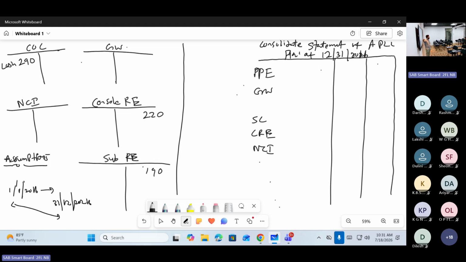We keep aside the subsidiary retained earnings account.